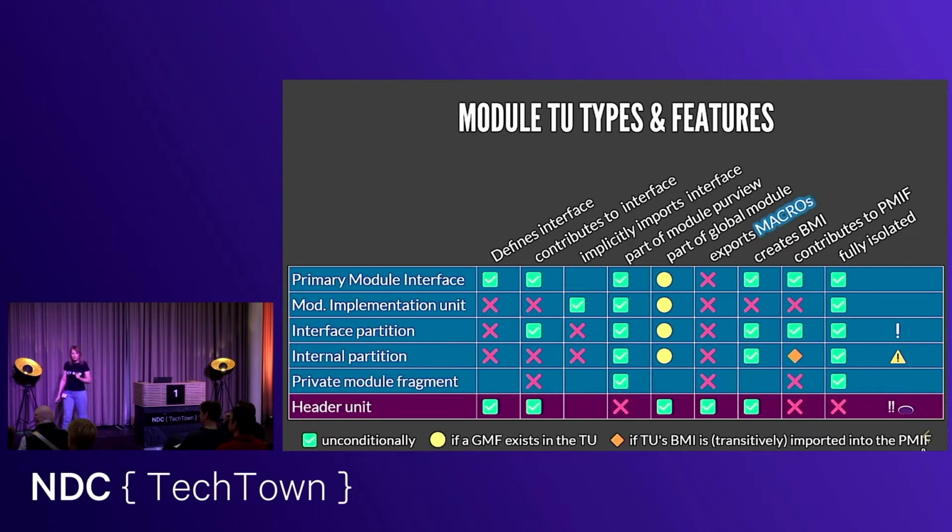Sounds great, but gives build systems a really hard time. And named modules have full isolation, so no other stuff can change the meaning of entities in modules. Whereas with header units, you don't have full isolation.